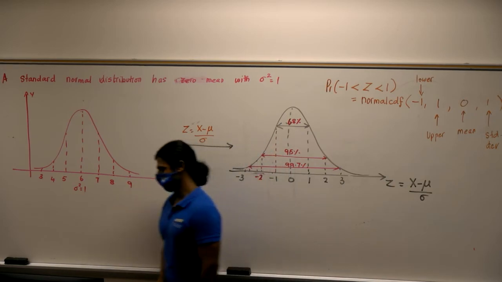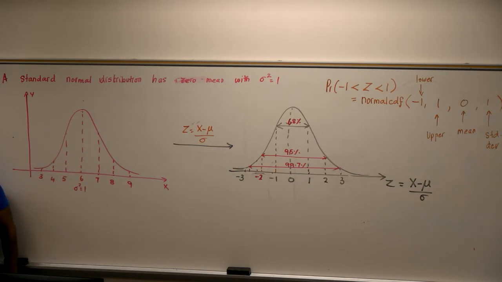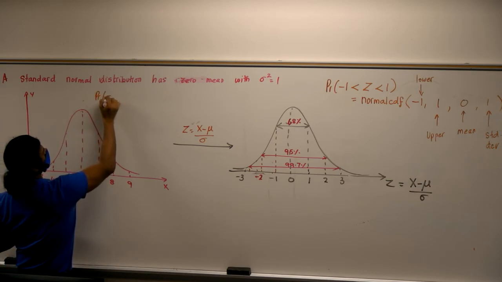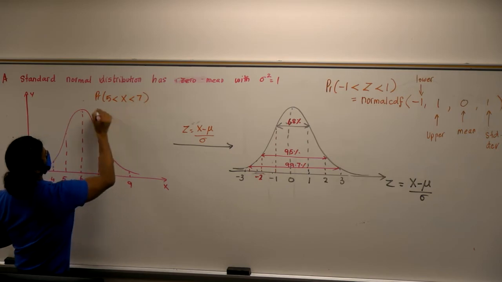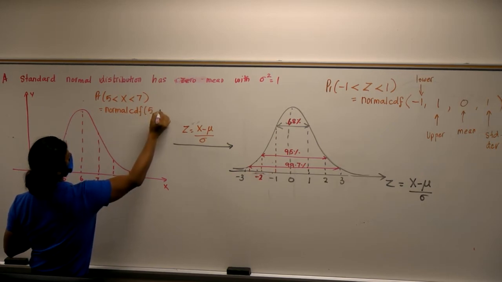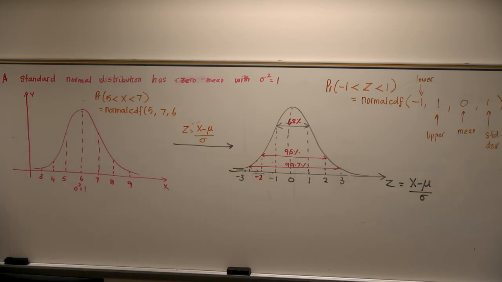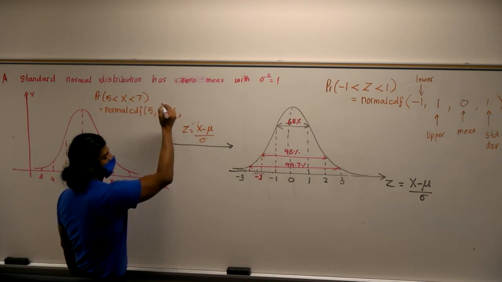Go back here. What do you think the probability is between 5 and 7? Without using the calculator. 0.68. Let's use the calculator now and see if we get 0.68. In this case, though, the lower is 5, the upper is 7, the mean is 6, and the standard deviation is 1.